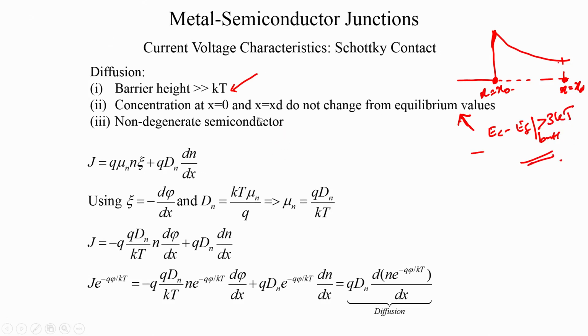Alright, so with these three, let us write out a general expression for the current, which has got the drift, it has got the diffusion term, and that is my current density. Now, we are going to make a few substitutions here.